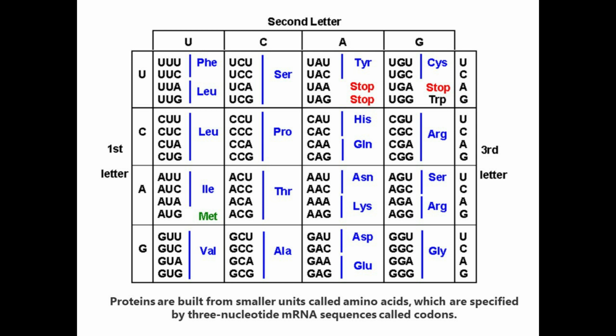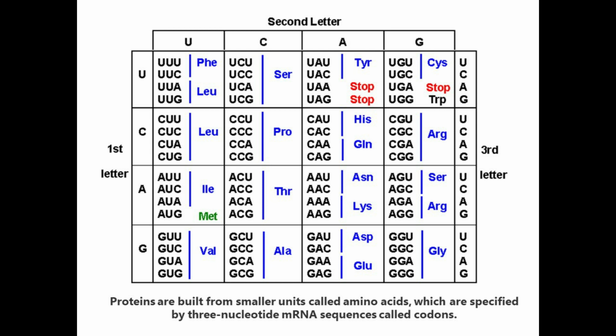Codon is a set of 3 nucleotides which codes for a specific amino acid. So genetic code is a complex coding system which consists of a series of coding units or codons, and the codon is a set of 3 nucleotides which codes for a specific amino acid. That is why it is called a triplet codon.